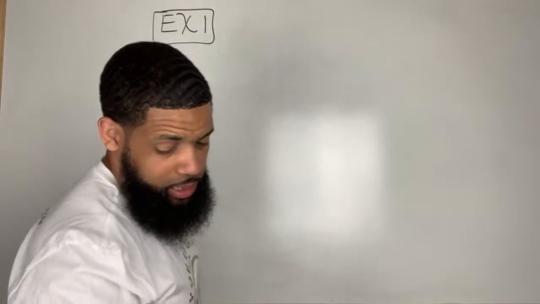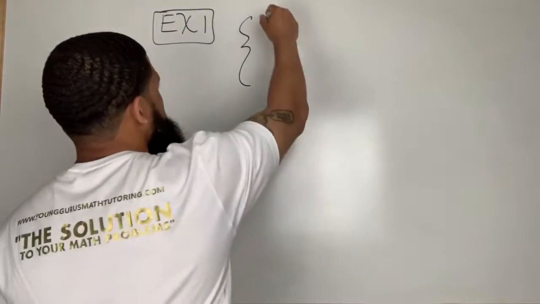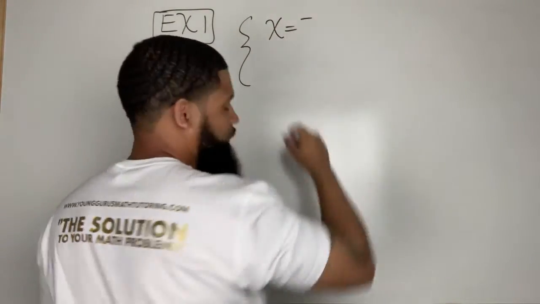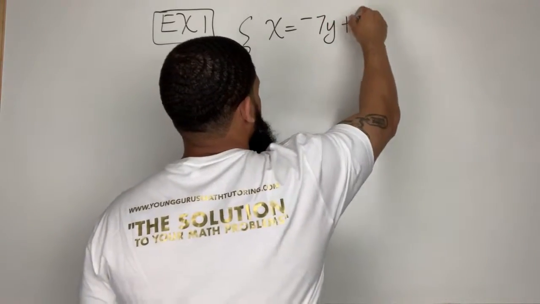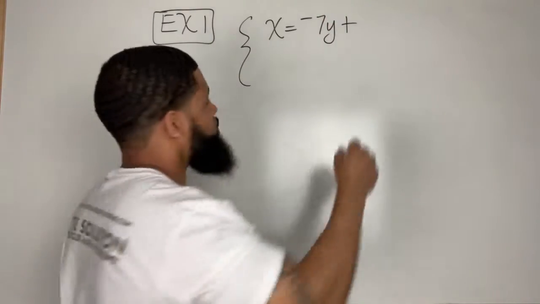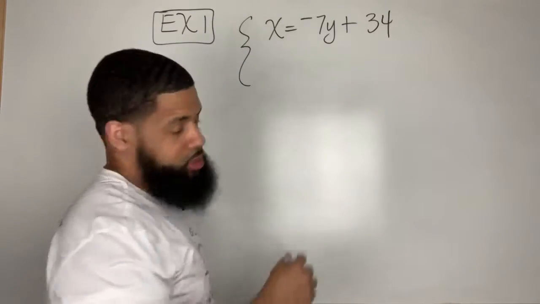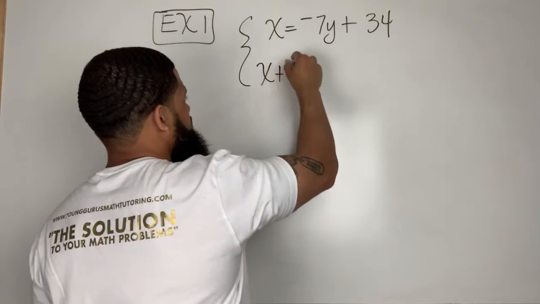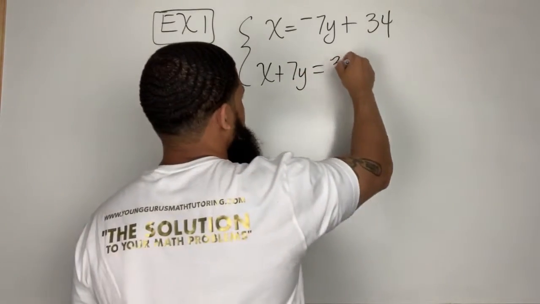Example 2, I have x equals negative 7y plus 34. And then I have x plus 7y equals 32.